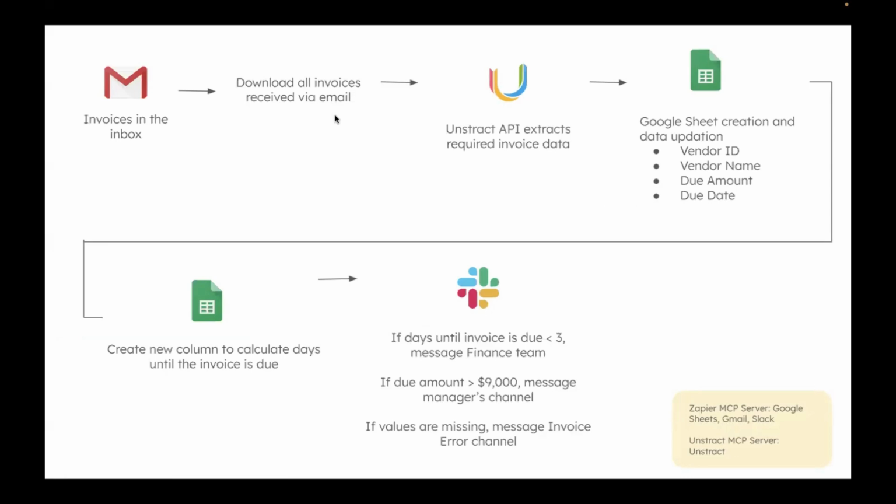And if these invoices are valid, they would be sent to an Unstract API that extracts the required invoice data. This could be data like the invoice number, the vendor name, the due date, the due amount, and so on. Just to show you what exactly we are looking to extract, let me take you over to the Unstract Prompt Studio project, which will be deployed as an API in this space.